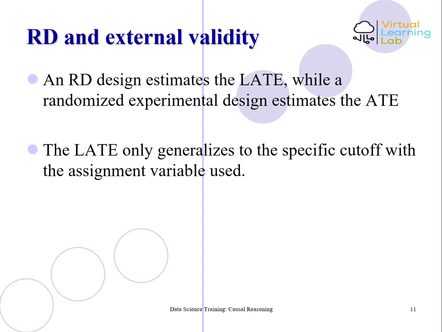If you change the cutoff, you will have to estimate another local average treatment effect for a different cutoff. In contrast, an experimental study estimates the average treatment effect across the entire range of the sample.